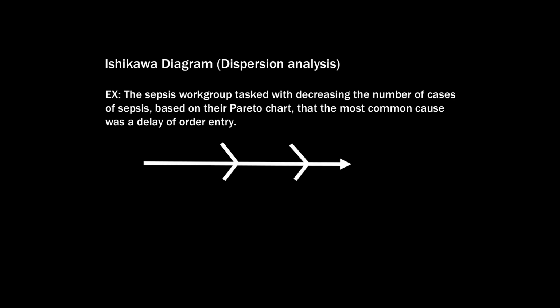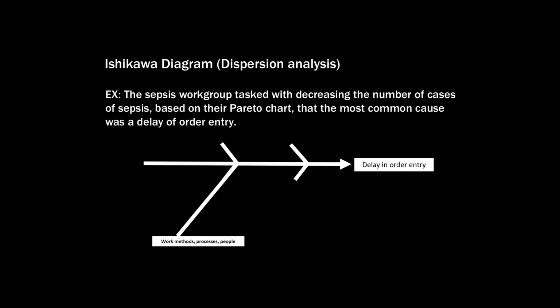Let's look at a clinical example, and this comes from our sepsis work. The sepsis work group has been tasked with decreasing the number of cases of sepsis. And based on their Pareto chart analysis, they found that one of the common causes was a delay in ordering antibiotics. So the team immediately realized that there was variation in work processes and work methods and people.